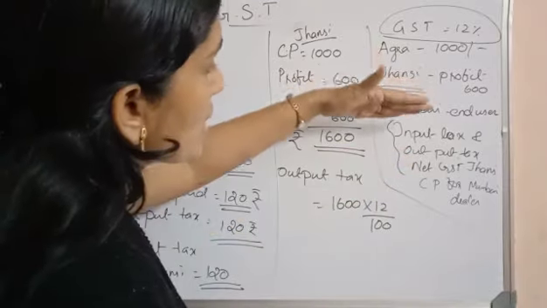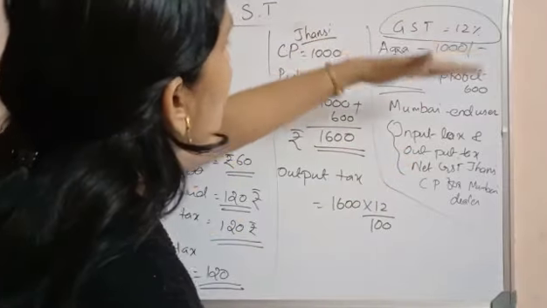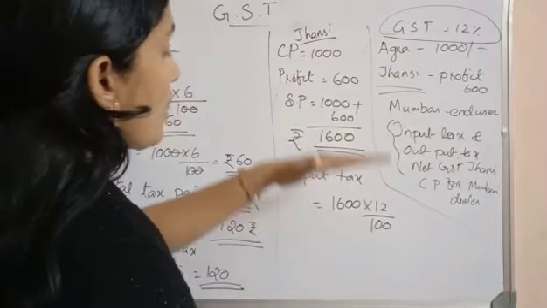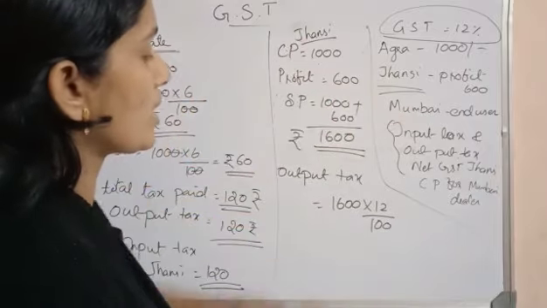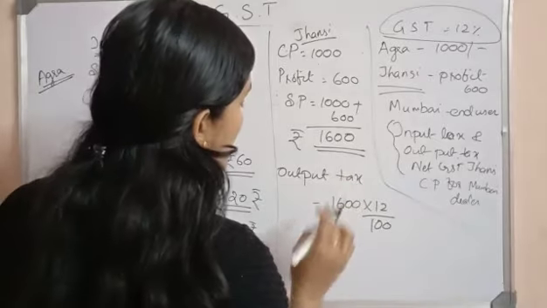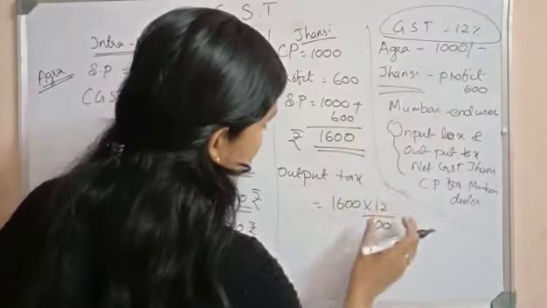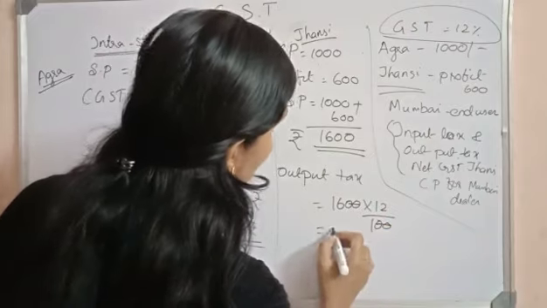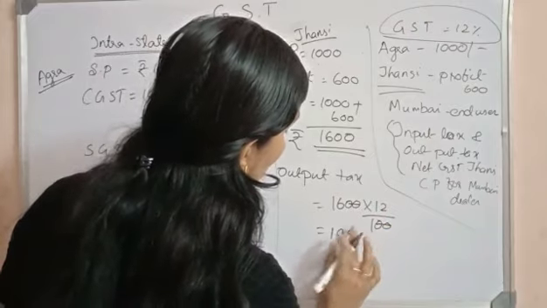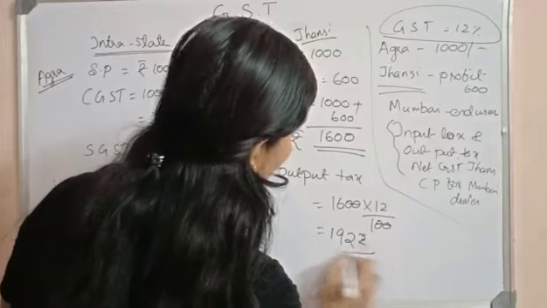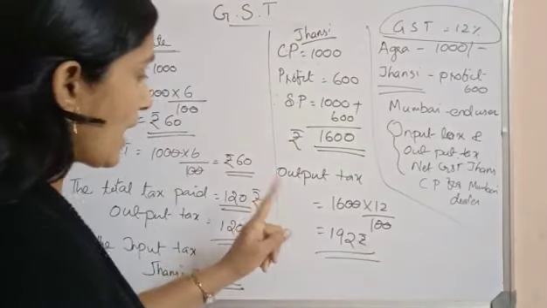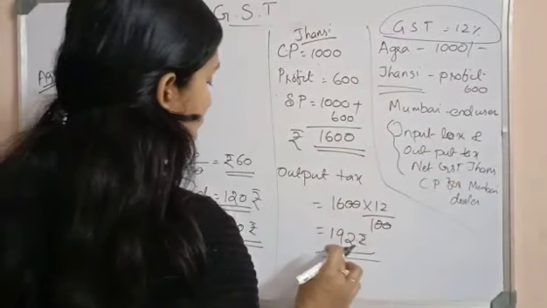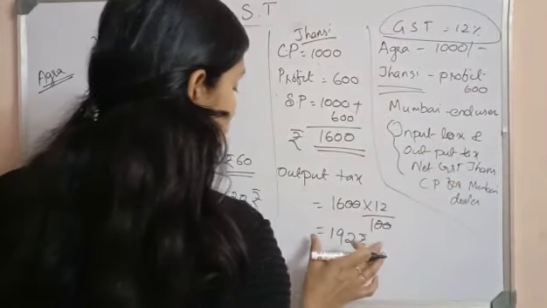That is, the transaction is taking place from Jhansi, that is UP, to Mumbai. Therefore, the interstate transaction is happening. That is, from one state to another state the transaction is taking place. Therefore, the GST is 12%. So here we'll get the GST as 192 rupees. Therefore, the output tax for the dealer in Jhansi is rupees 192.